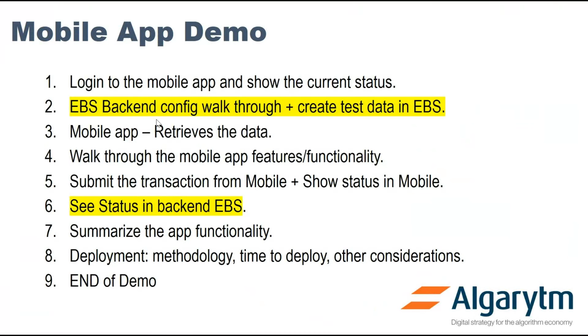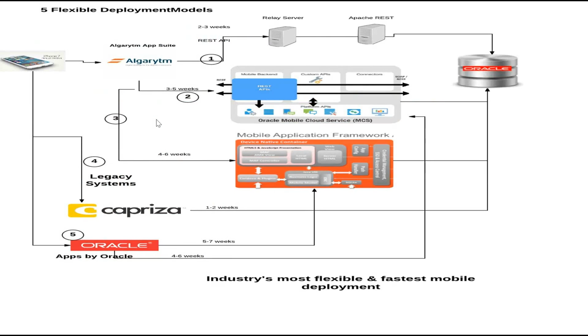So we have seen the status in the backend EBS. We have seen how the transaction is approved from the mobile device. And now we will summarize the app functionality and also look at the different deployment methodologies available for this app. What we have shown you is an app that is not in the cloud.